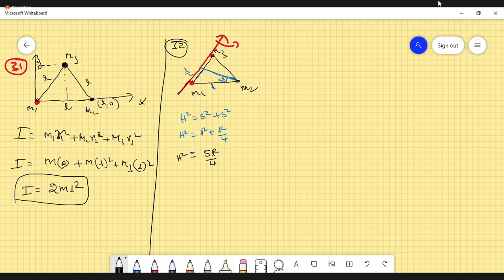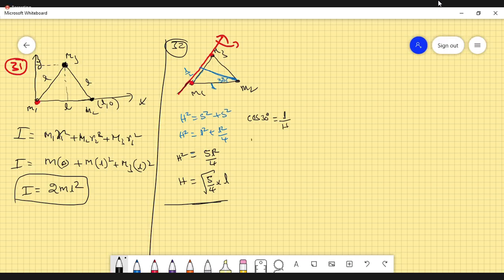H equals root 5 by 2. We can also consider cos 30 equals adjacent by hypotenuse h.